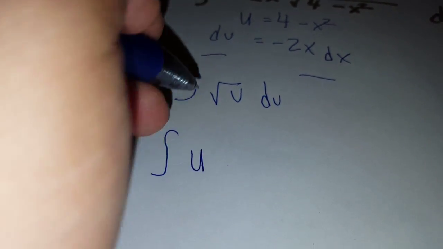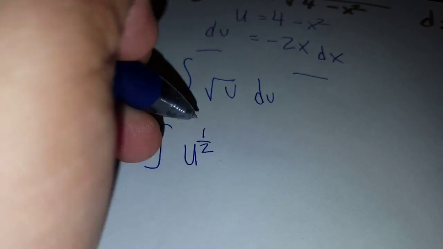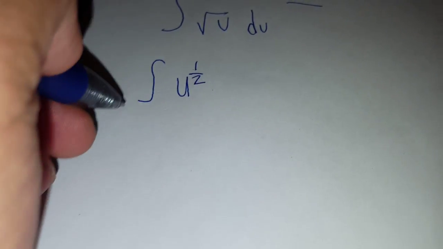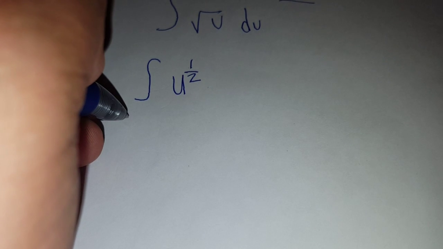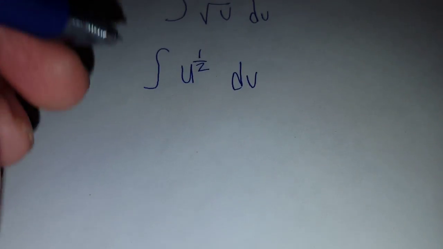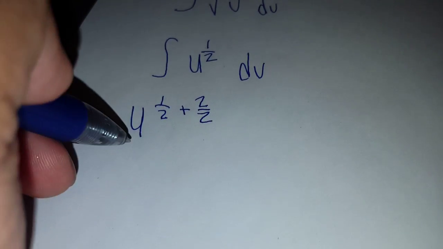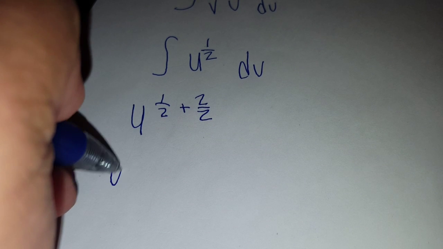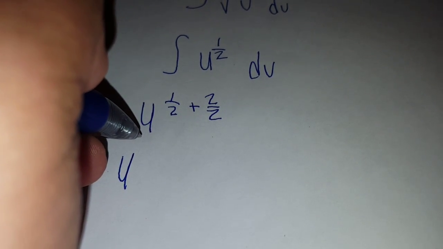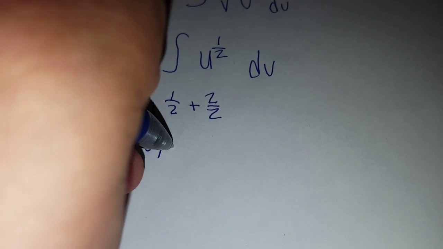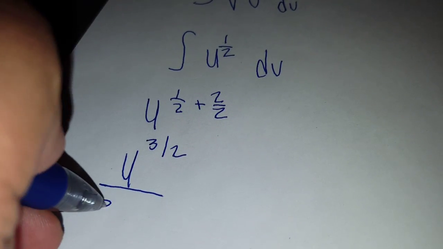So, as you know, the square root is anything to the half power. So the integral would be u to the 1/2 plus 2 over 2, and I'm pretty sure you know how to add fractions by now, so that's 3 halves divided by 3 halves.